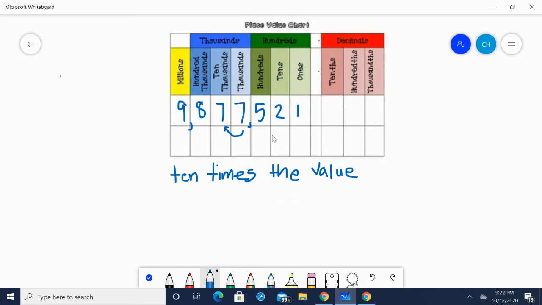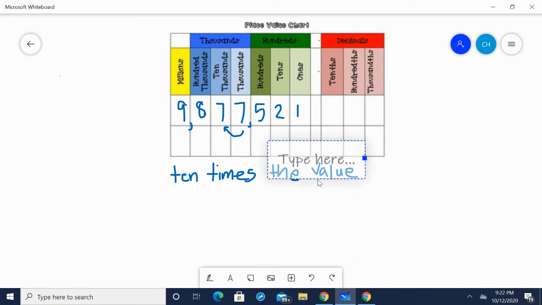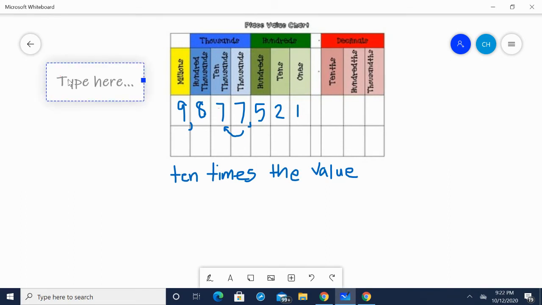Now, when it comes to looking at our place value, we want to be able to write those in expanded form. So I'm just going to type that over here real quick. We have expanded form. That is what you want to look at for today.